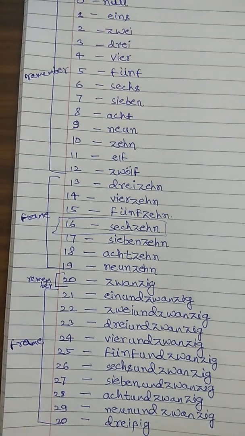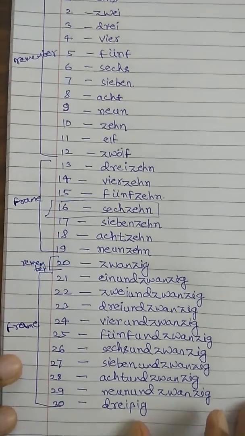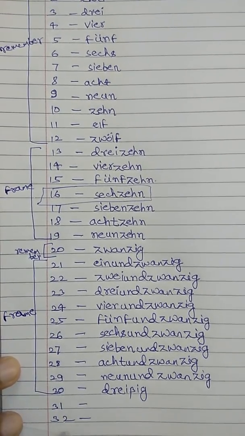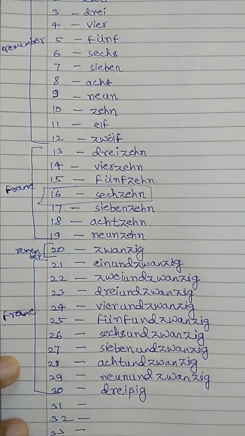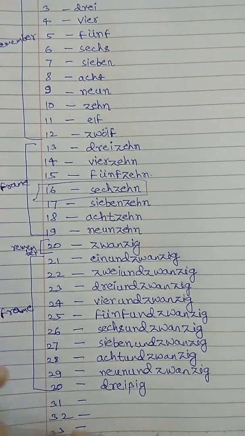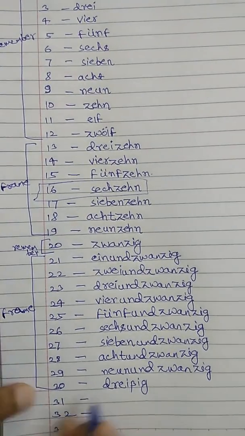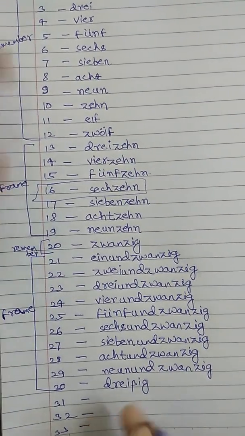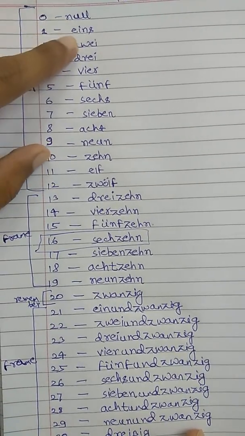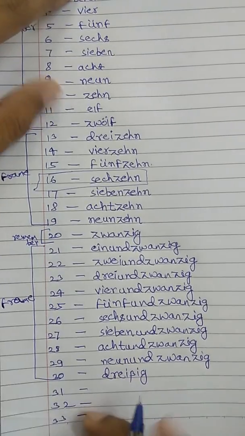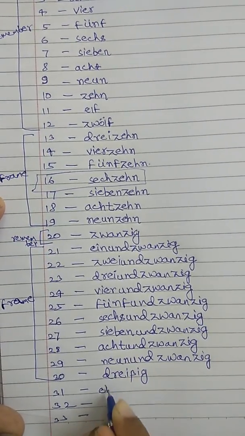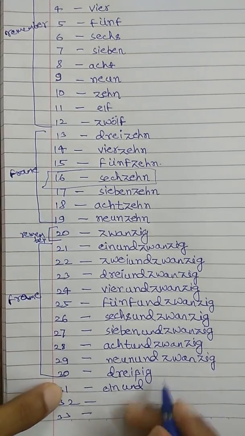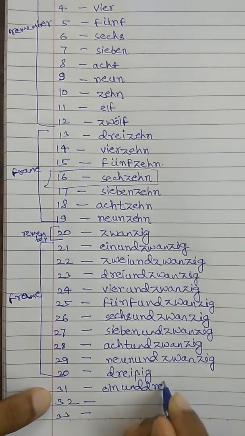Then again similarly, if you want to see from 31, 32, 33, you can frame all this. So for 31 it will be similarly like, for 1 we have to take here 1 means eins, so it will be ein und dreißig.